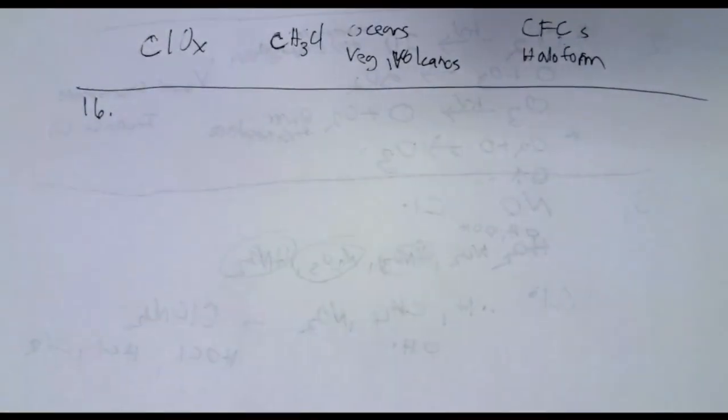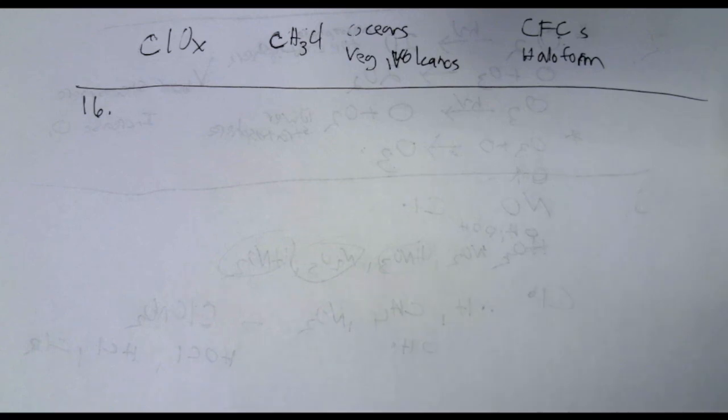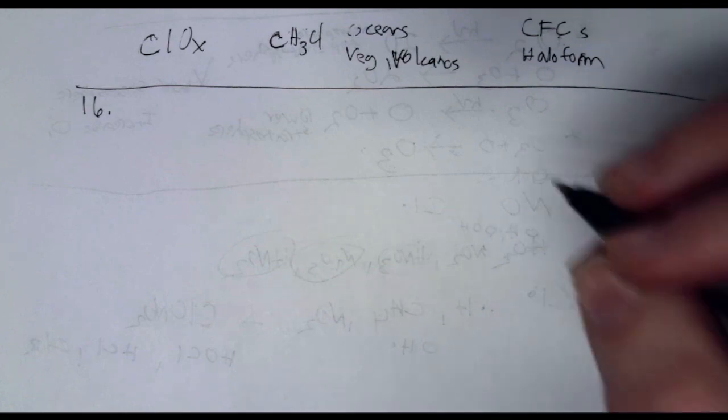The last problem real quick is: although the name of a null or do-nothing cycle related to ozone depletion sounds effectively harmless, describe the potentially harmful effects that are associated with these types of cycles. So basically describe why the null cycle is not necessarily helpful and why it can be potentially harmful.